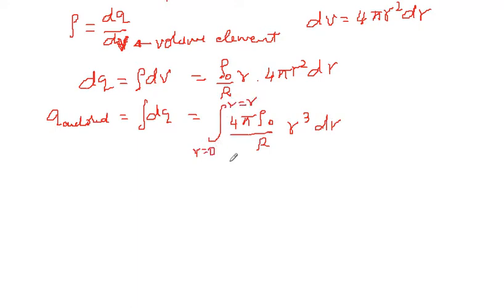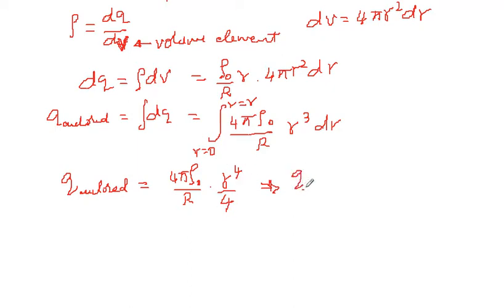So now what I got is the charge enclosed. Charge enclosed is equal to 4 pi rho O divided by r into r to the power 4 divided by 4, of course with the limit from 0 to r itself. This will be the result.